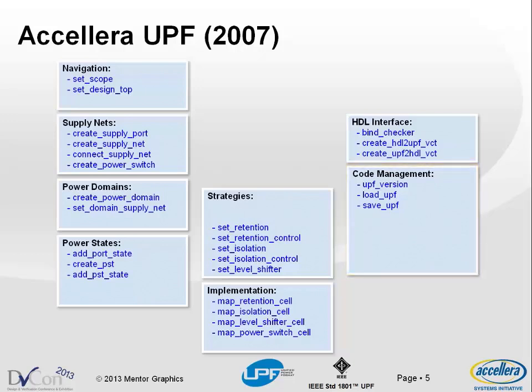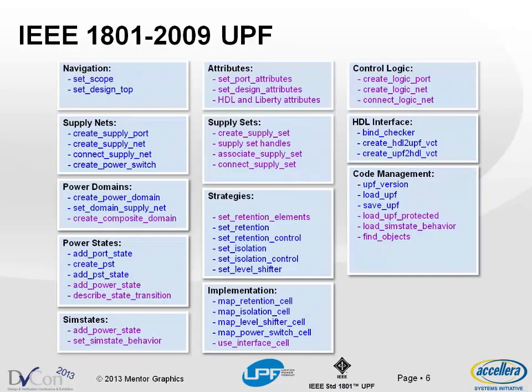Now, this is the Accelera version of UPF as of 2007. What's happened since then? Well, the IEEE took the standard, the next step, to develop IEEE 1801-2009. And of course, it started with the Accelera standard and added things to it. The stuff in purple here is the new stuff that's in the 2009 standard.